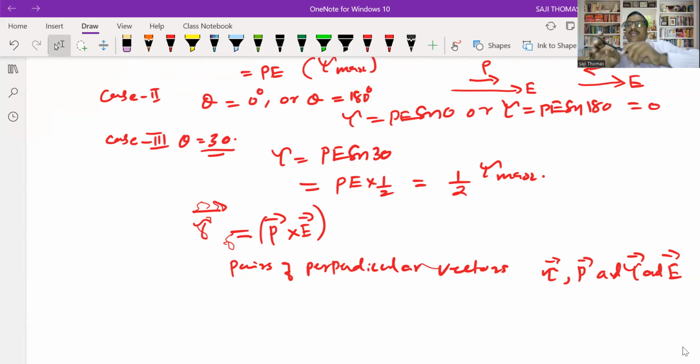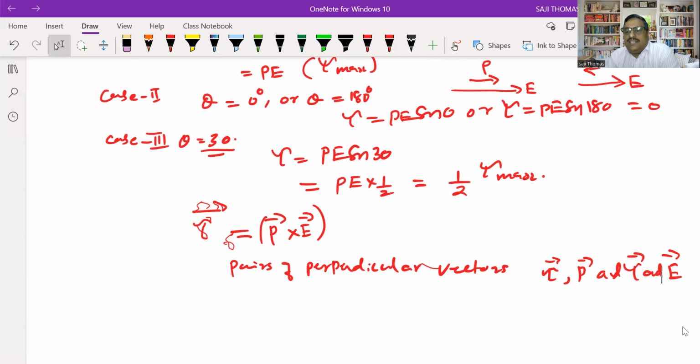If we want to rotate the dipole against this, suppose the dipole was initially parallel to the field, torque on it will be zero. If you want to rotate it, you need to do work. So when you do work, you have to spend energy, right? This work done to rotate the dipole is stored in it in the form of electrostatic potential energy.